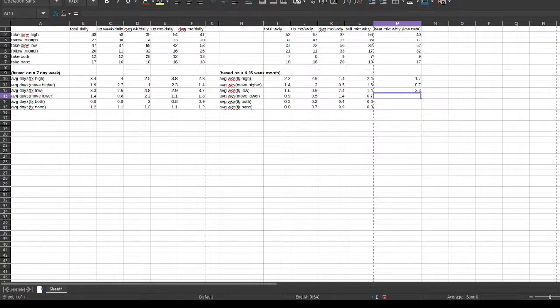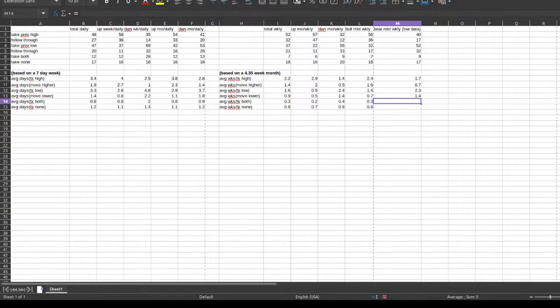And then the average weeks to move lower, it's going to be 0.32 times 4.35 is 1.4.